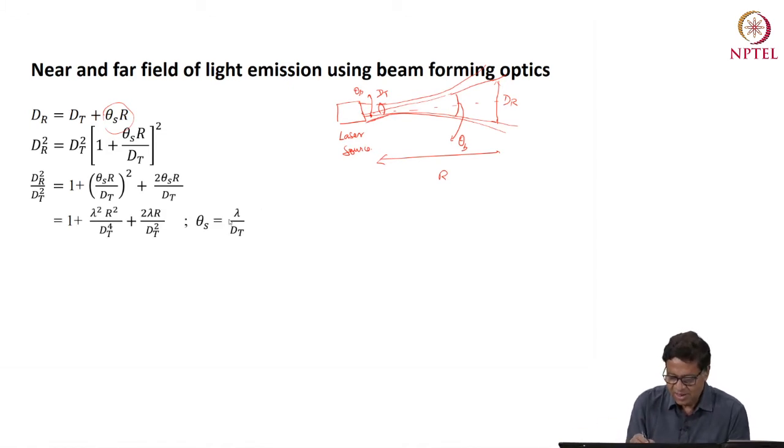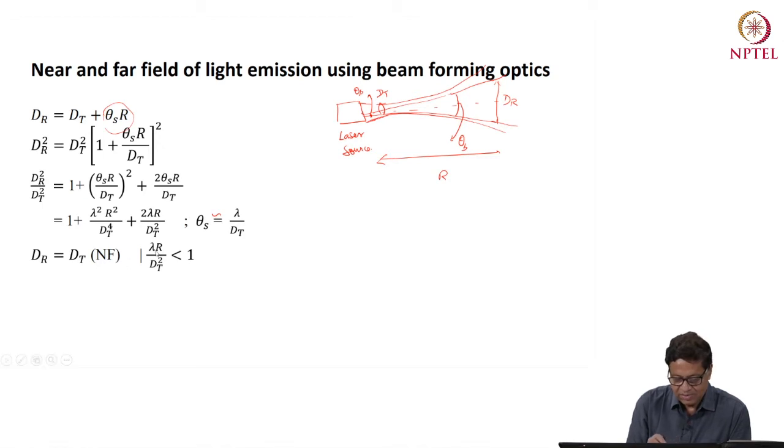Now I am using that theta s, the divergence angle, is actually lambda by dt. To be precise, it is 1.22 lambda by dt, but let us not worry about that 1.22 factor. We can take this as 1. So theta s is approximately lambda by dt. So putting these values here, lambda by dt, I get this.